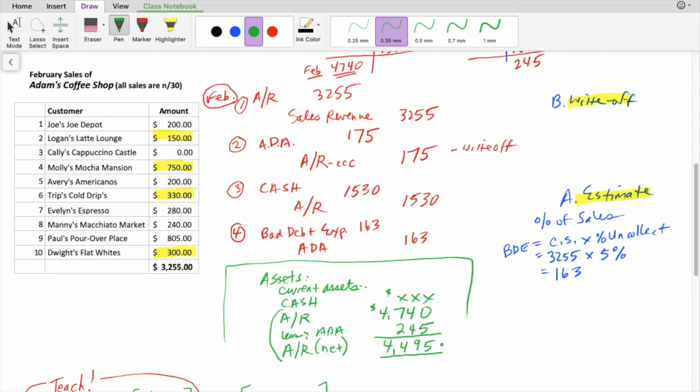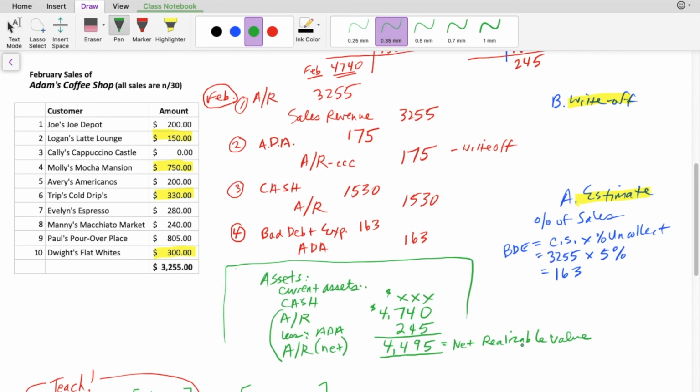Now, this value here is what we call the net realizable value. It's the amount we actually expect to collect from our customers. Our customers owe us $4,740, but we expect that we will not collect $245 of that, which means we do expect to collect $4,495.